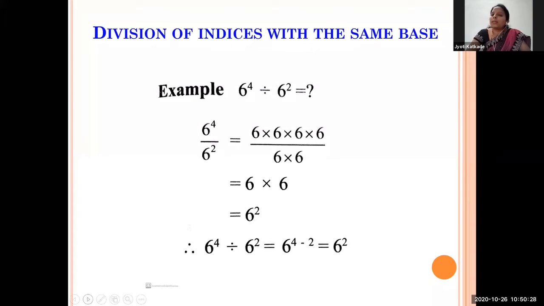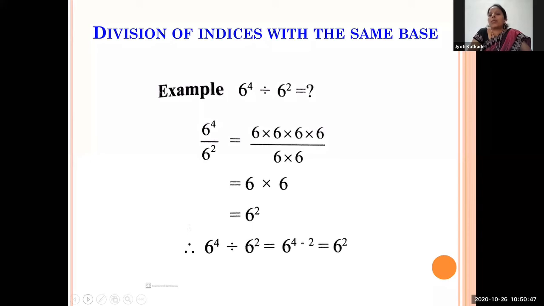Now, when we cut 6, means at the numerator 2 sixes are cut by the denominator's 2 sixes, we get remaining 6 into 6. 6 into 6 means there is square of 6.